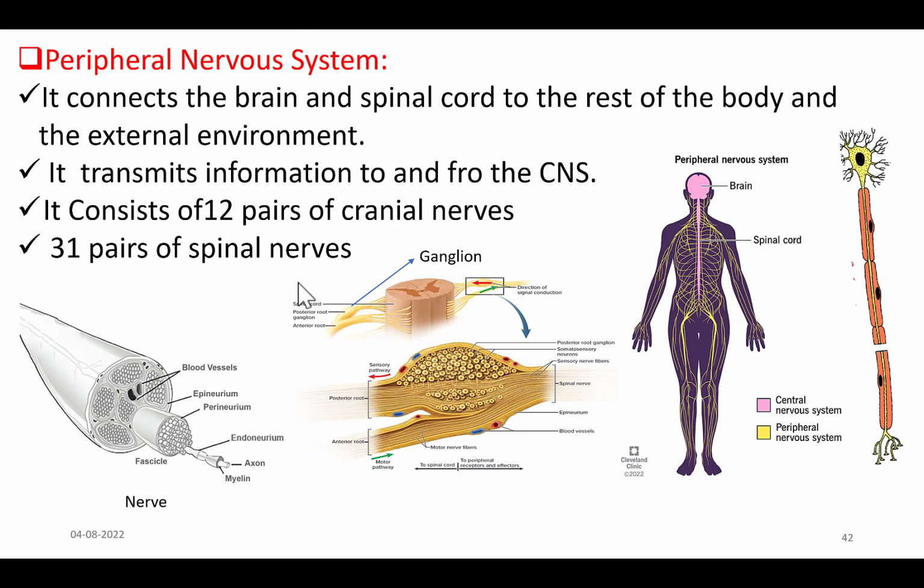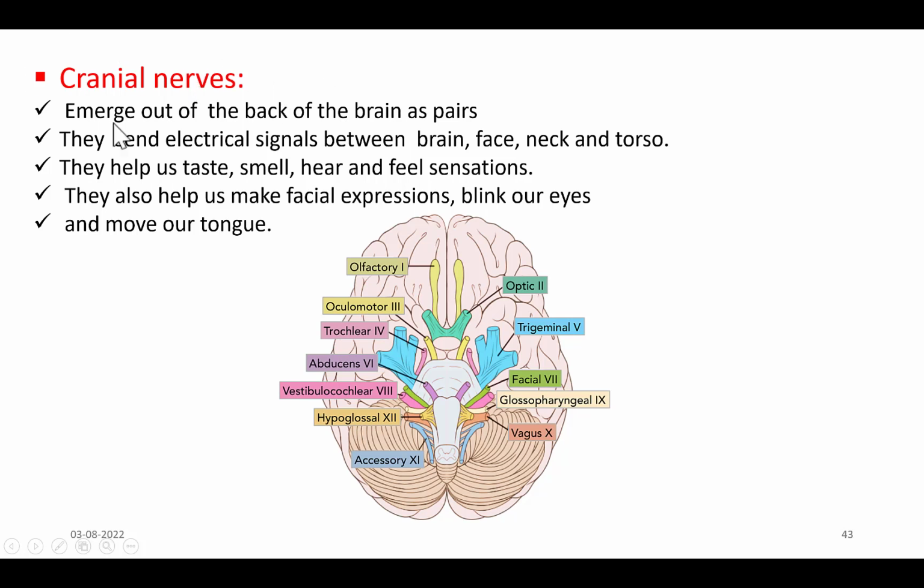So let us see cranial nerves first. Cranial nerves emerge out from the back of the brain as pairs. So see here, this is the back of the brain, and we can see here the nerves are arising as pairs. So this is nerve number 1, olfactory nerve. It has a pair over here. Got it?